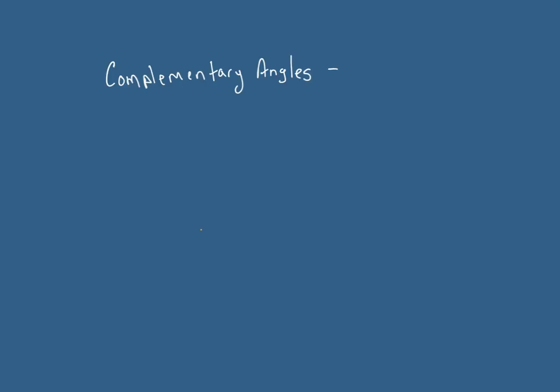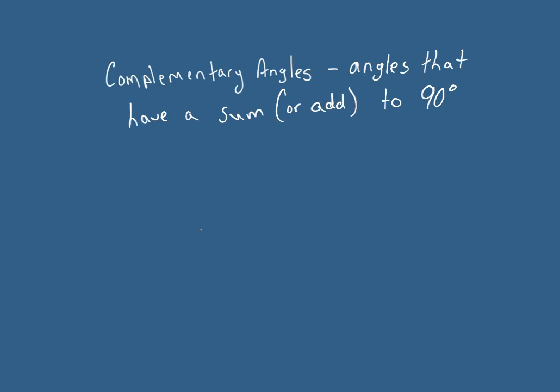The first type of angles that we're going to talk about are complementary angles. Complementary angles are angles that add up to 90 degrees. They have a sum of exactly 90 degrees.